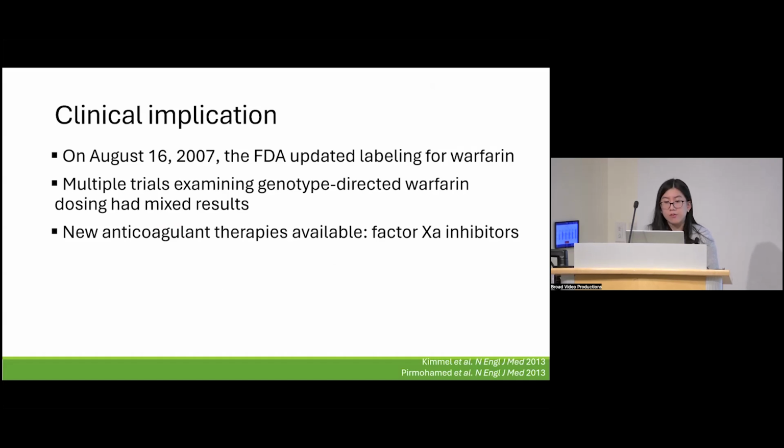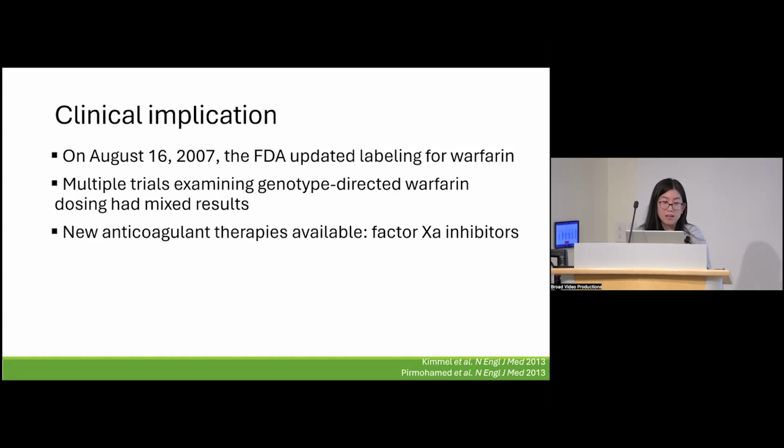Coming back to the clinical implication, the updated labeling for warfarin was a result of these studies, and there have been multiple trials examining the impact of genotype-guided warfarin dosing. As I mentioned, some of these had mixed results. Some showed improvement in outcomes and reduction in adverse events, but some didn't have an impact, and part of that might be related to the population being studied.